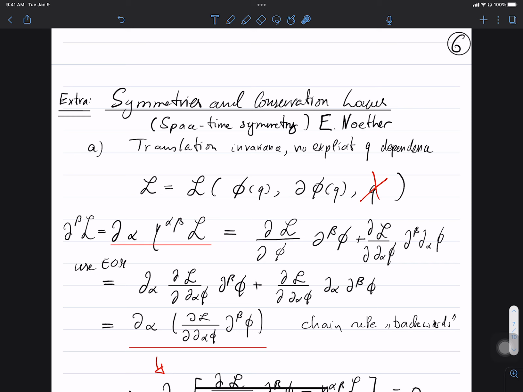In daily life, we know, for example, angular momentum, things that are invariant under rotations, anything that can spin around and still look roughly the same.